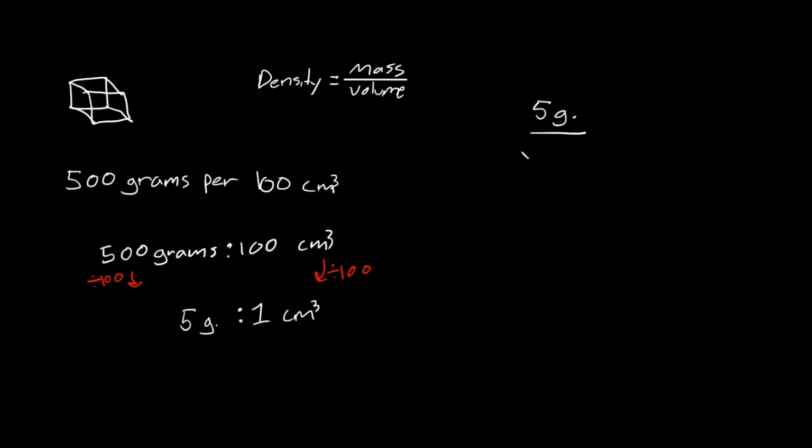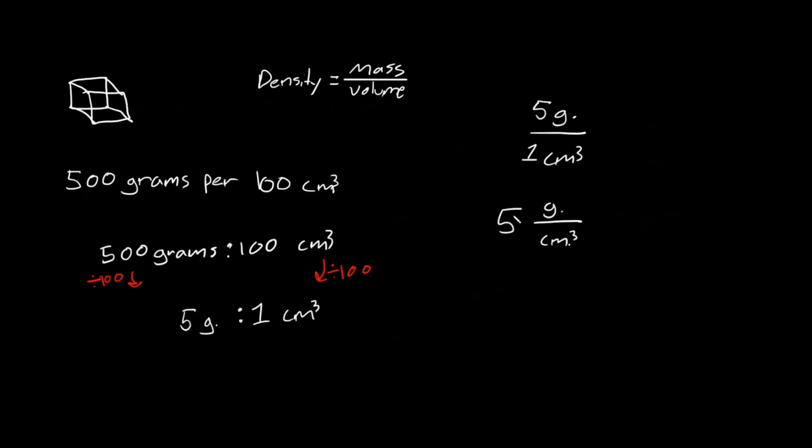And then the volume in 1 cubic centimeter is just 1 cubic centimeter. Notice we don't have to write the 1 here because anything divided by 1 is itself. So we can actually rewrite this as its own sort of rate: 5 grams per cubic centimeter. And this is the answer to this problem.